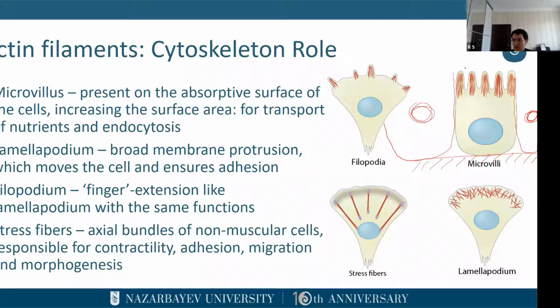Let's assume that we have some kind of nutrients here. Since the cell can sense these nutrients because it has a sensing apparatus or receptors on its surface, it starts growing these microvilli to get these nutrients and uptake them.